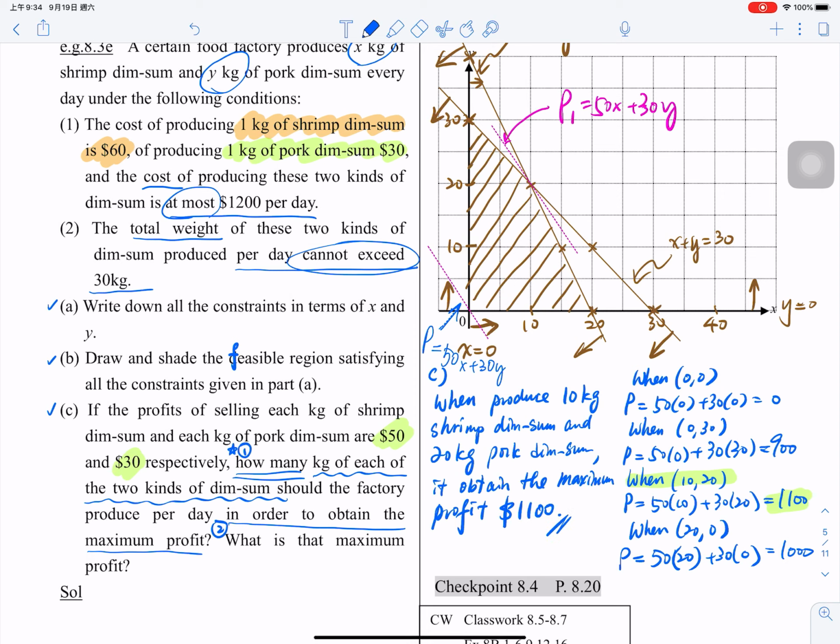So you can use this straight line, and then you found that when you slide into the shaded region, lastly it will go out of the region, and this one is the last point, so this one will be the maximum actually. And to answer the question, you get the conclusion: 10 kilograms of spring dim sum and 20 kilograms of pork dim sum to obtain the maximum profit, $1,100.